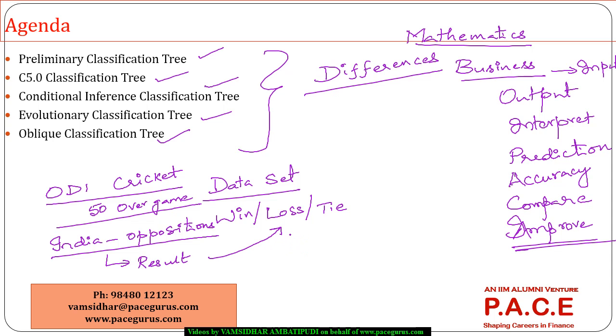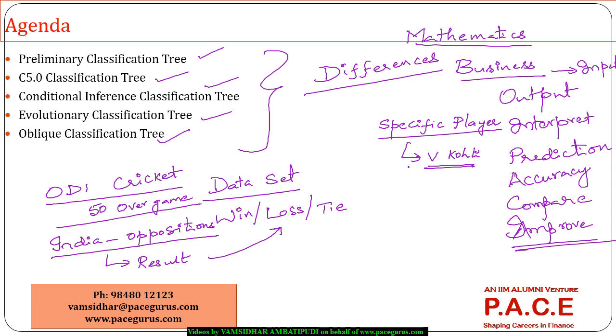So I am considering the result associated with each of the games, and along with that I am looking at what is the role of one specific player, right? So in each of these games I am considering one specific player who is Virat Kohli, whatever the games he had played.